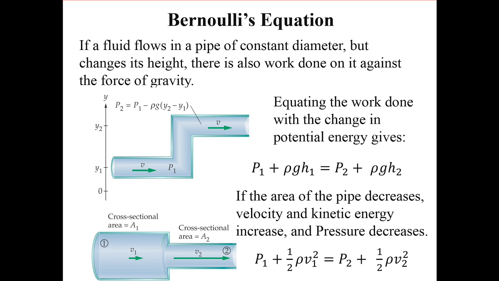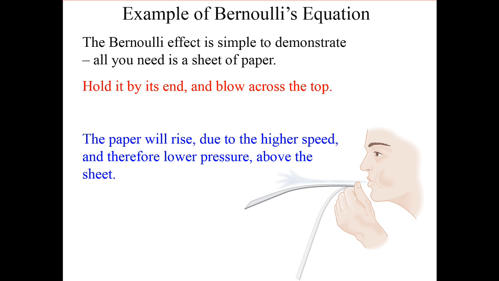If velocity increases, then kinetic energy increases. If kinetic energy increases, that means the pressure must decrease. Remember, the pipes are fixed, so we are putting no additional energy into the system. That means when the kinetic energy of a fluid increases, the pressure decreases due to conservation of energy. So this is kind of a surprising result, I think.